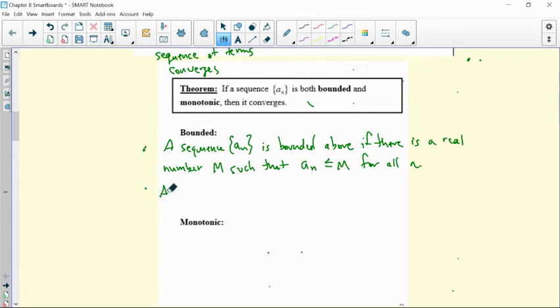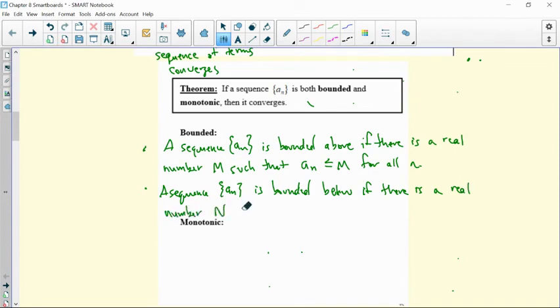So a sequence a_n is bounded below if there's a real number, and maybe I'll call that number N, capital N, such that a_n is always greater than or equal to N for all n.